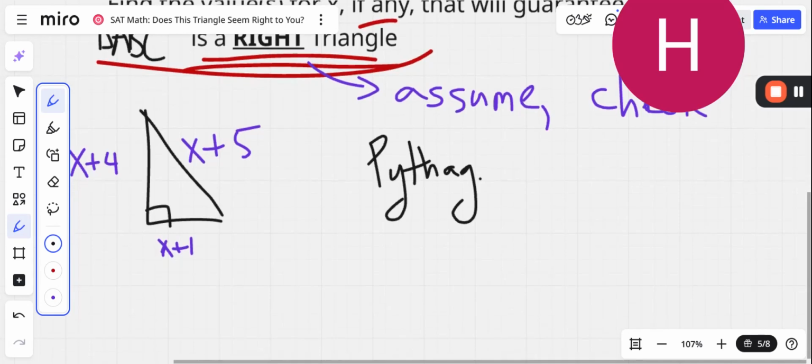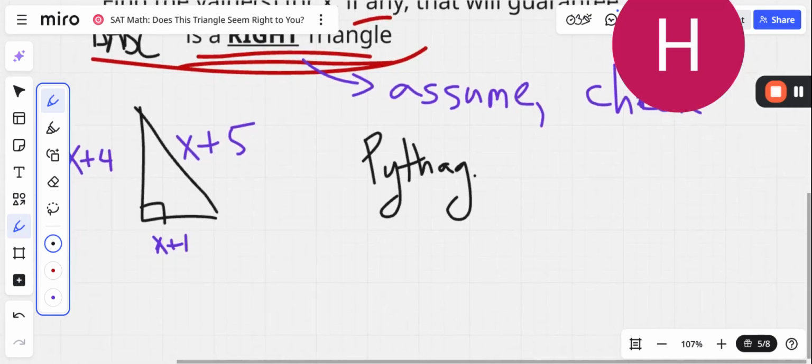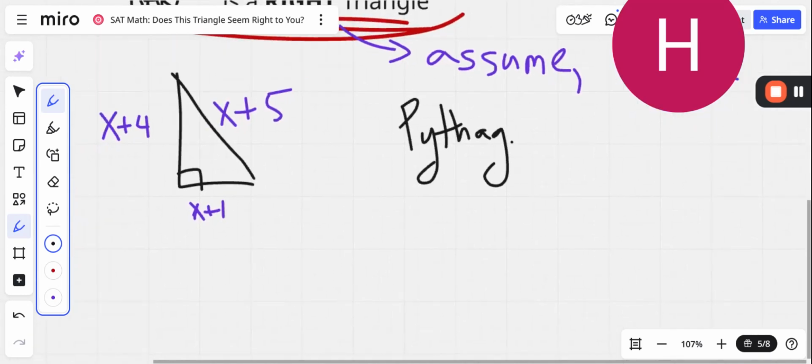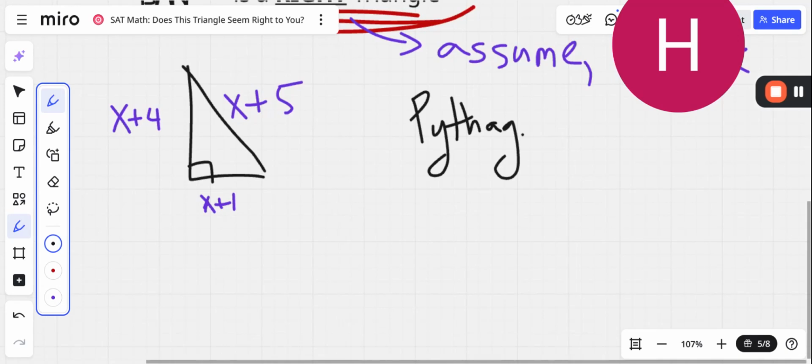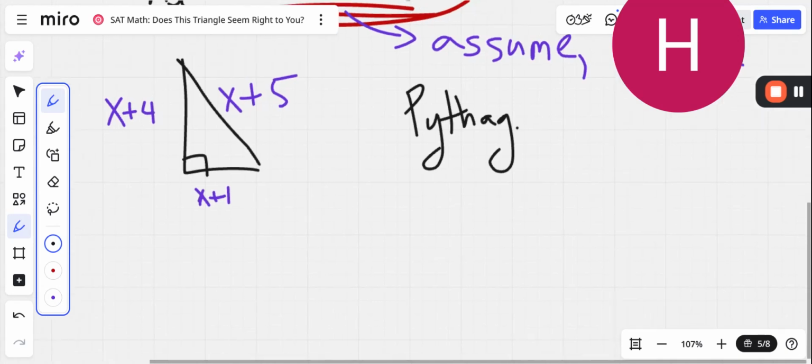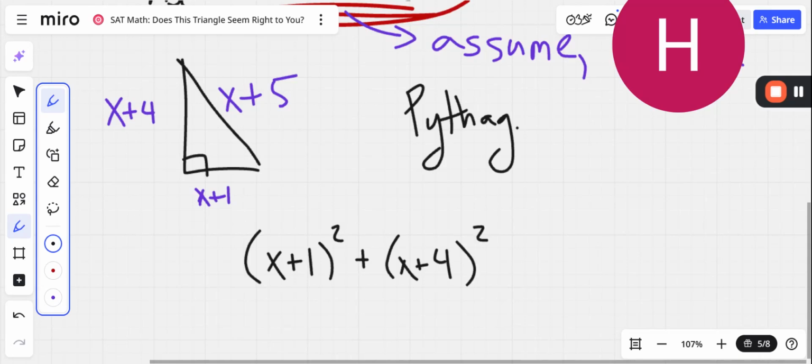So if we can check that the result of the Pythagorean Theorem is a true statement, then we can guarantee this is a right triangle, and then maybe somehow we can find some values for x. So we're going to have (x plus 1) squared plus (x plus 4) squared equals (x plus 5) squared. We don't know that it's true yet, but we are assuming that it's true for now.